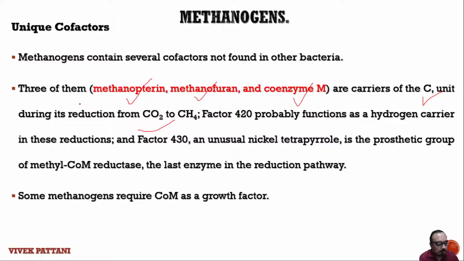Probably factor F420 functions as a hydrogen carrier in these reductions, and factor F430 is an unusual nickel tetrapyrrole and is the prosthetic group of methyl coenzyme M reductase, which is basically the last enzyme in the reduction pathway. Some methanogens also require coenzyme M as their growth factor.